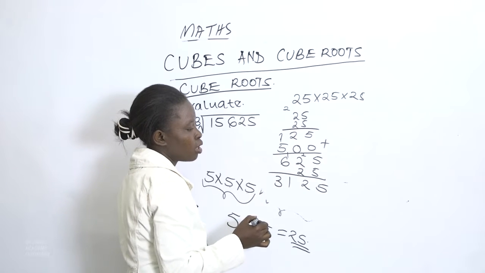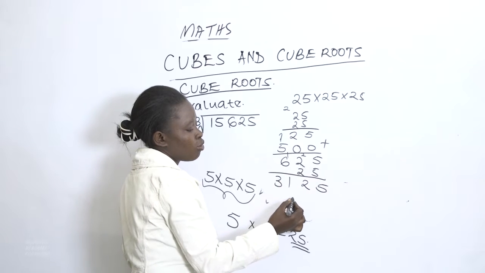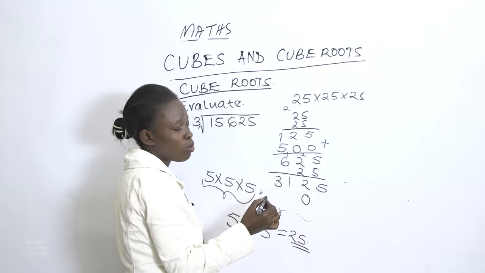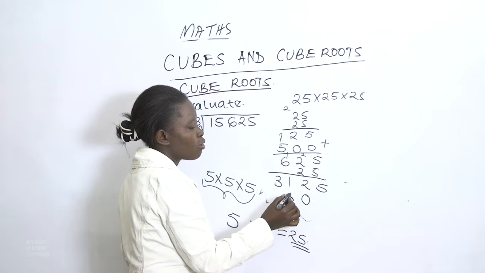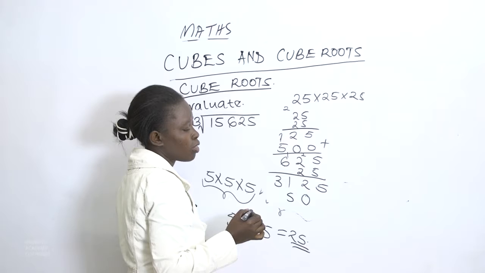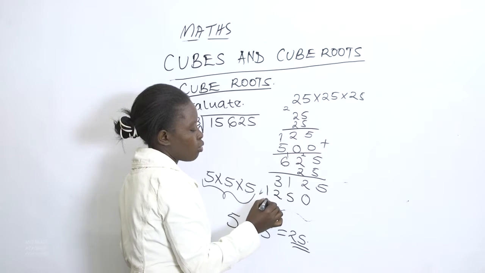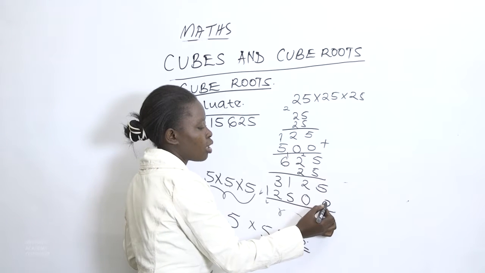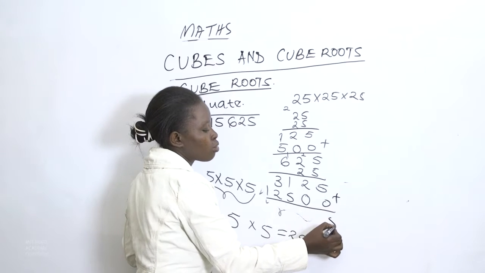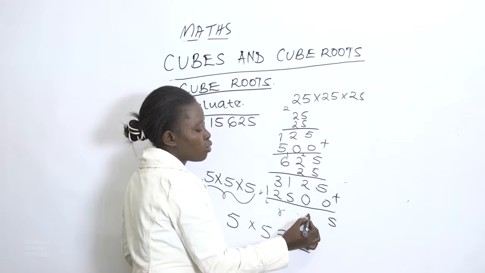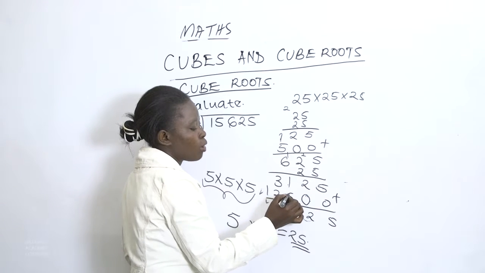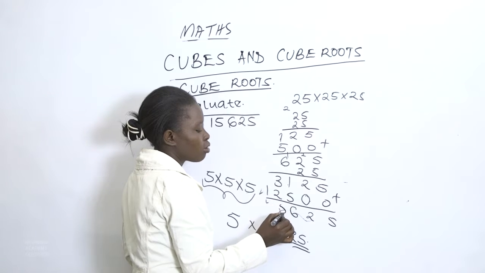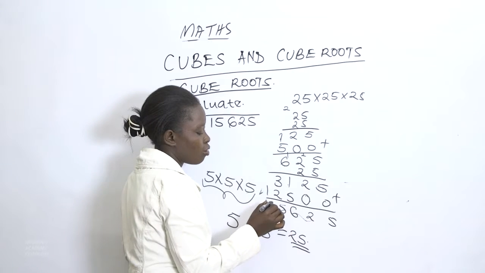Then next, we have 2 times 5, which is 10. 2 times 2, 4. 4 plus 1, we have 5. 2 times 6, that is 12. So when we add, we are getting that we have 5 plus 0, which is 5. 2 plus 0, that is 2. 1 plus 5, that is 6. 2 plus 5, that is 7. And then we have 1.